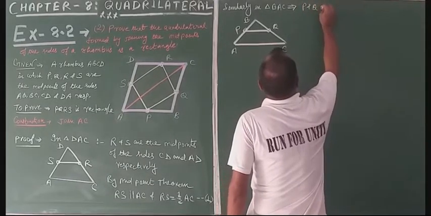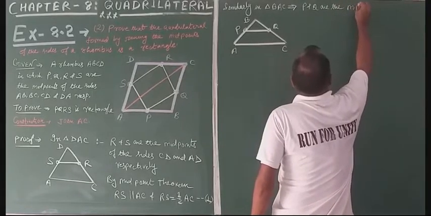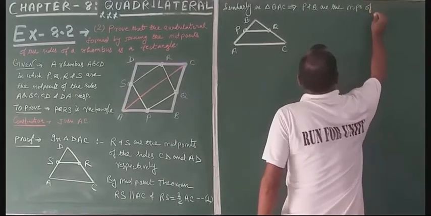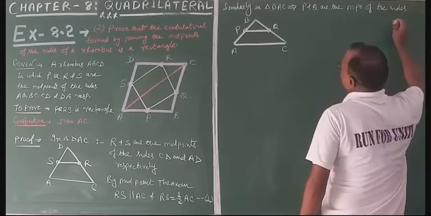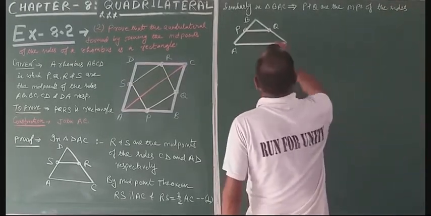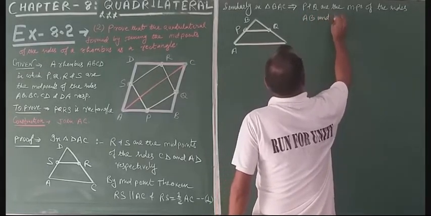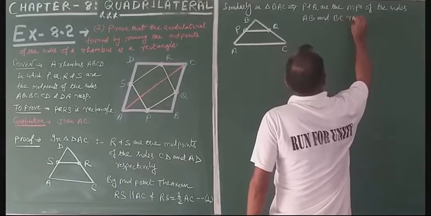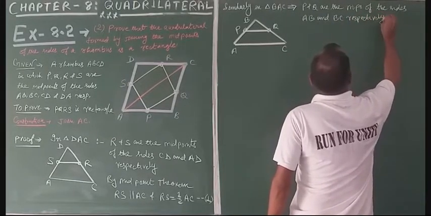P and Q are the midpoints of the sides AB and BC respectively.